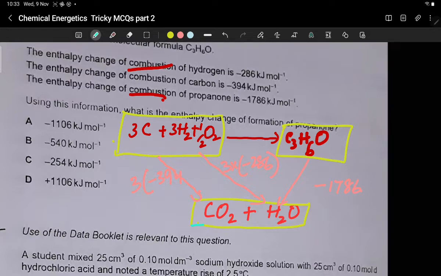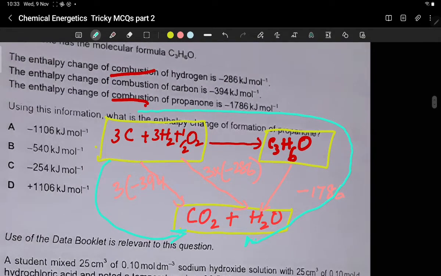What is the enthalpy change of formation of propanol? So draw two cycles. One is like this, and the other is like this.